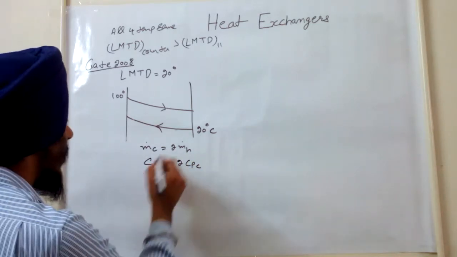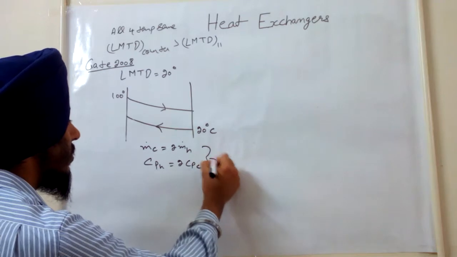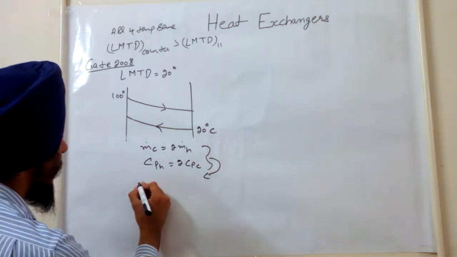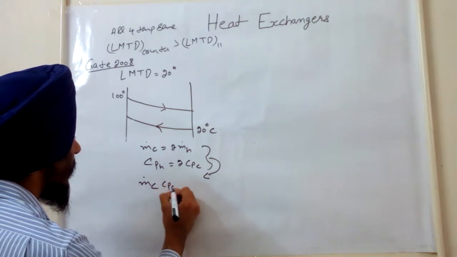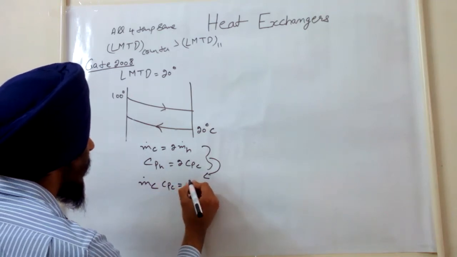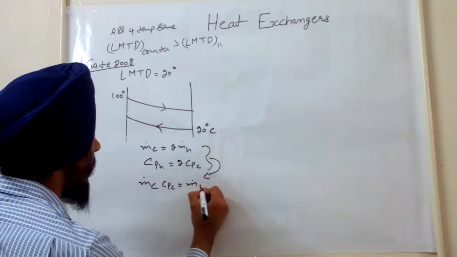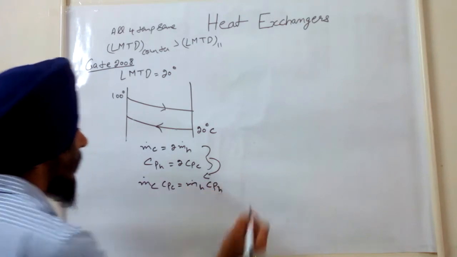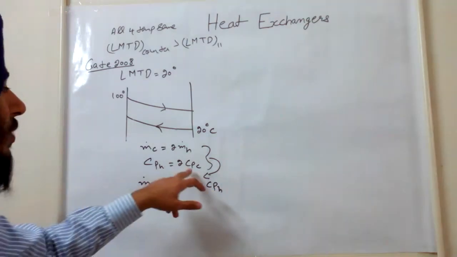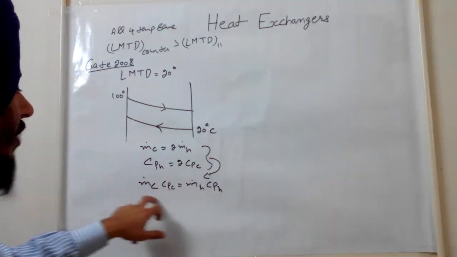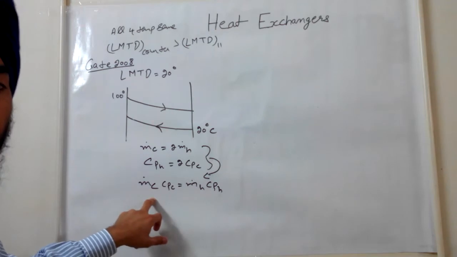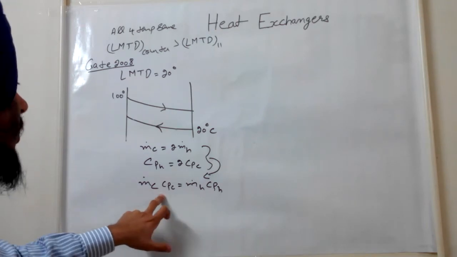From these two conditions, we can clearly reduce m dot c Cpc is equal to m dot h Cph.